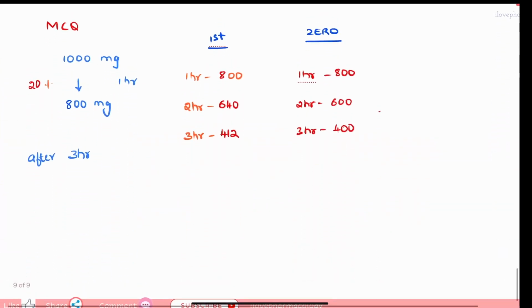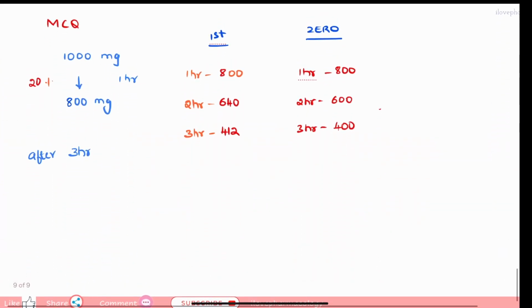If an MCQ comes like this, they may ask whether the drug follows first order or zero order kinetics. Suppose 1000 milligram of drug is given and 20% of the drug is eliminated in 1 hour. That means 20% of 1000 milligram, which is 200 milligram, is eliminated.